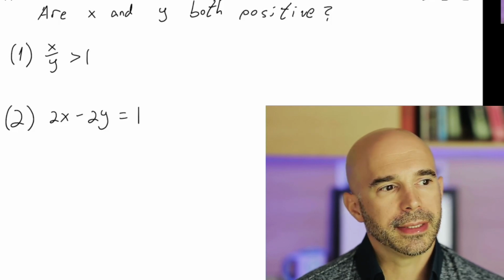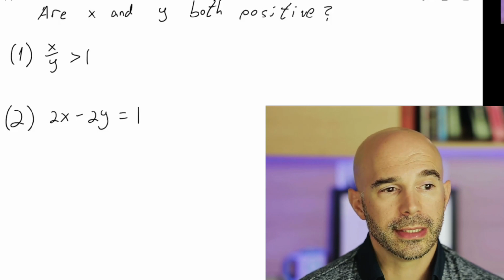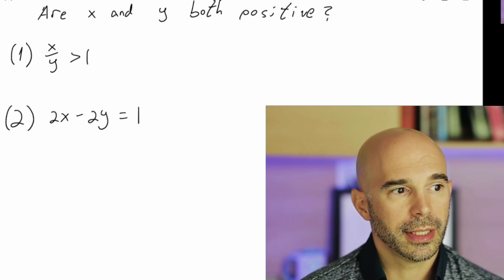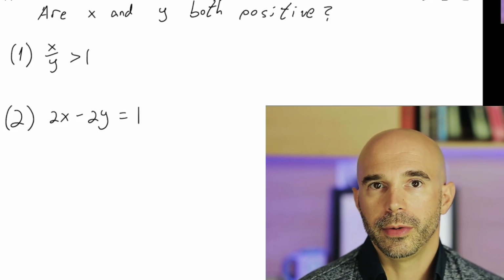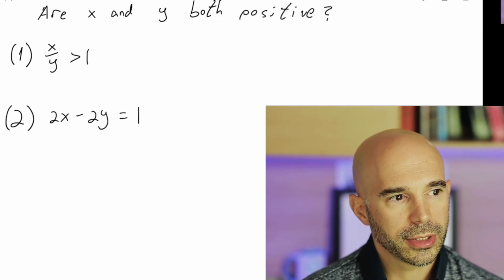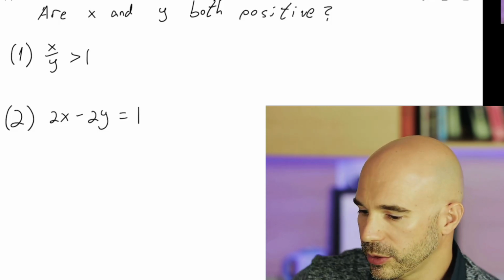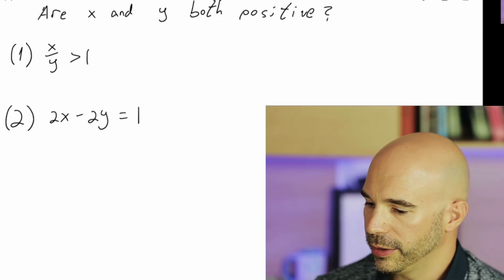And looking at these statements, I would probably argue that statement 2 is easier to evaluate, because statement 2 is just dealing with additive reasoning, whereas statement 1 is multiplicative reasoning. What statement 2 is implying is that 2x is to the right of 2y on the number line.